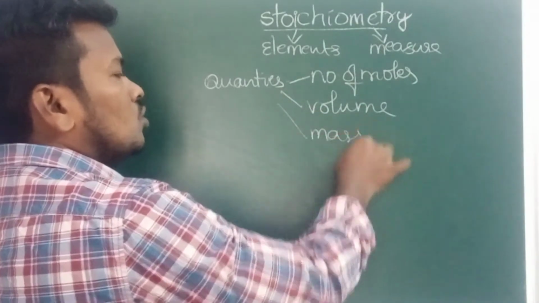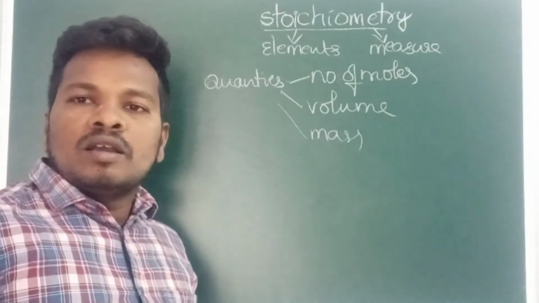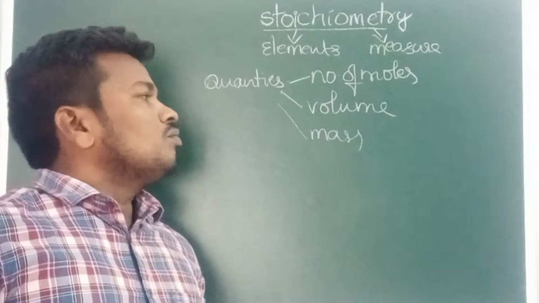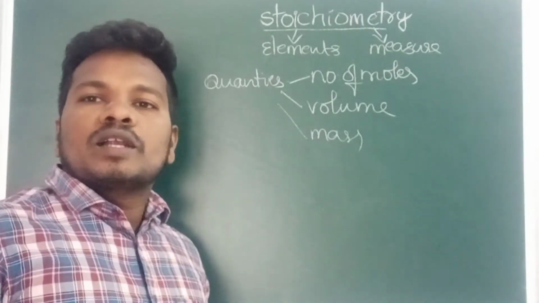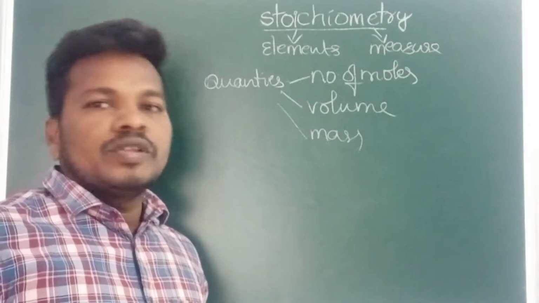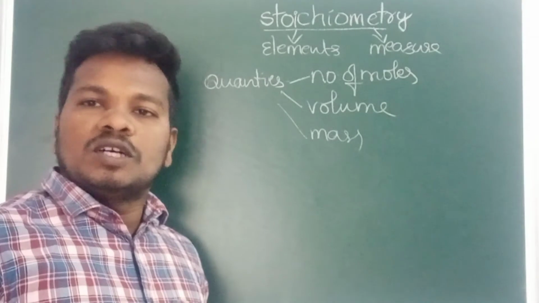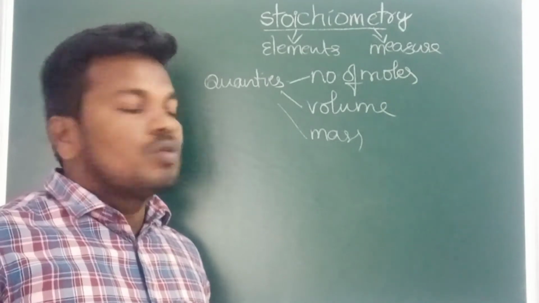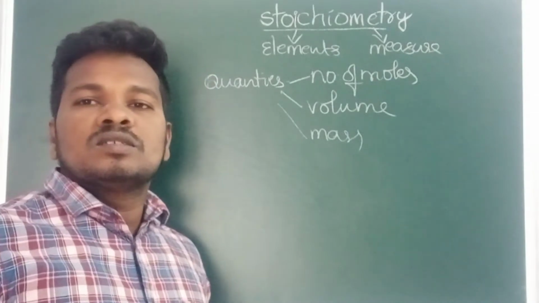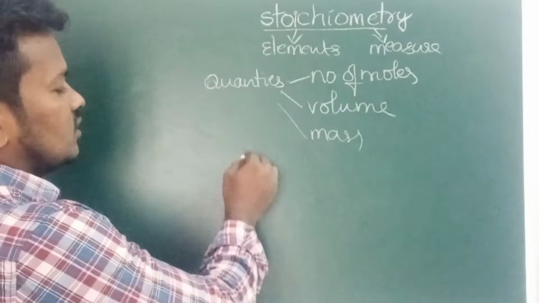So we can easily calculate the number of moles of the reactant and the product, the volume of reactant and product, and the mass of reactant and product. Along with this, we can do mass analysis, mass-volume analysis, and mole analysis. We will discuss these now. For example, you can consider one reaction.